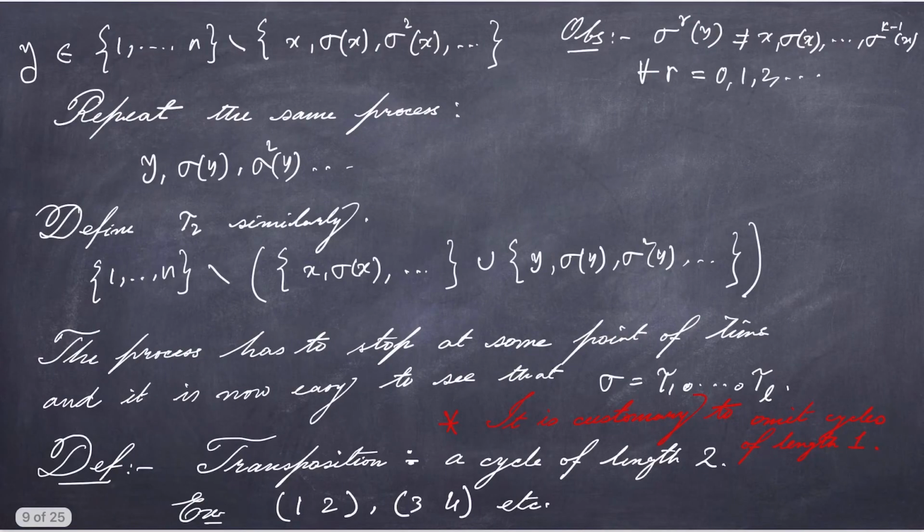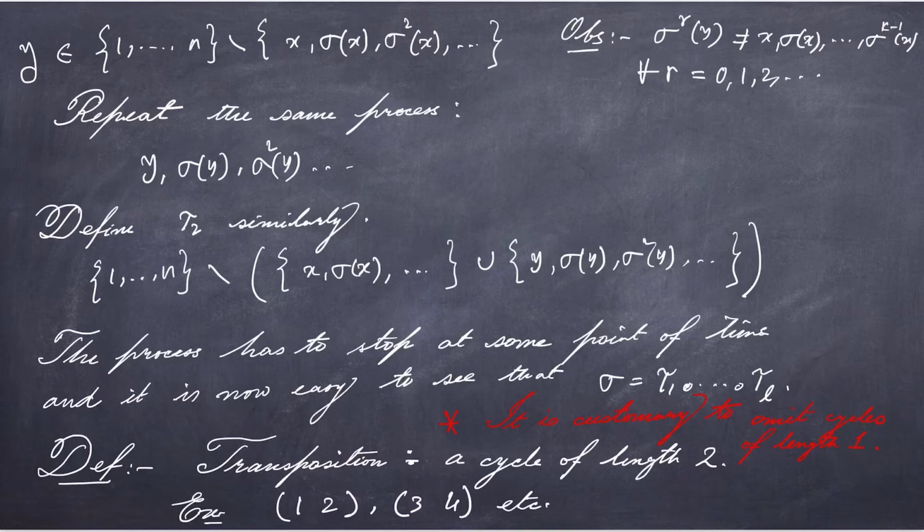Thus, we have proved that any sigma is the product of disjoint cycles. Here we will adopt a convention that whenever we are writing sigma as a product of disjoint cycles, we will omit the one cycle. So what is a one cycle? A one cycle is necessarily a fixed point, nothing but equivalent to having that point fixed.